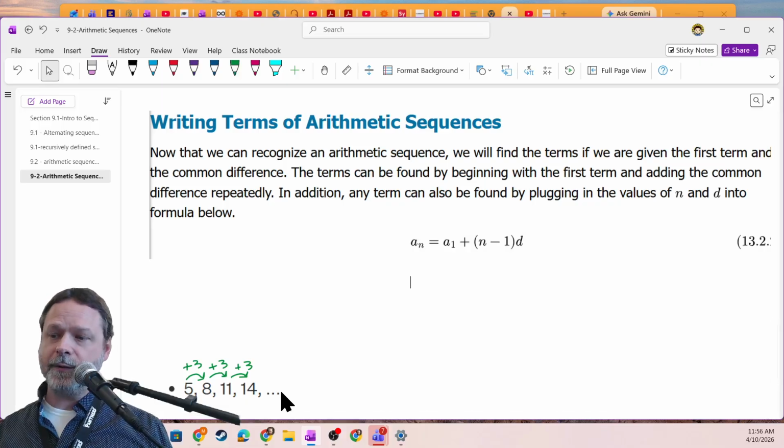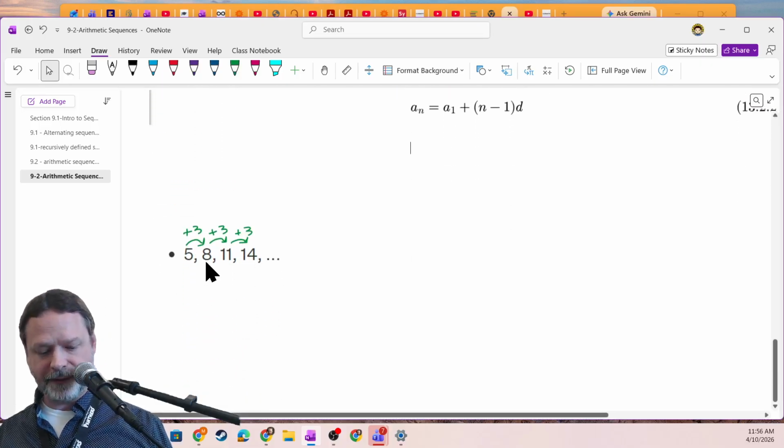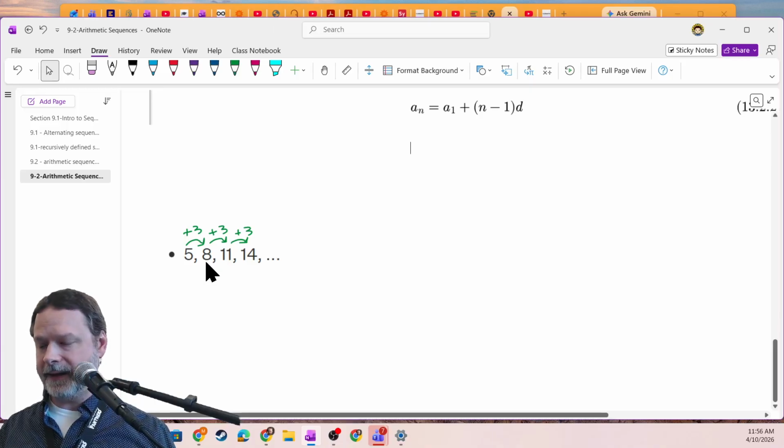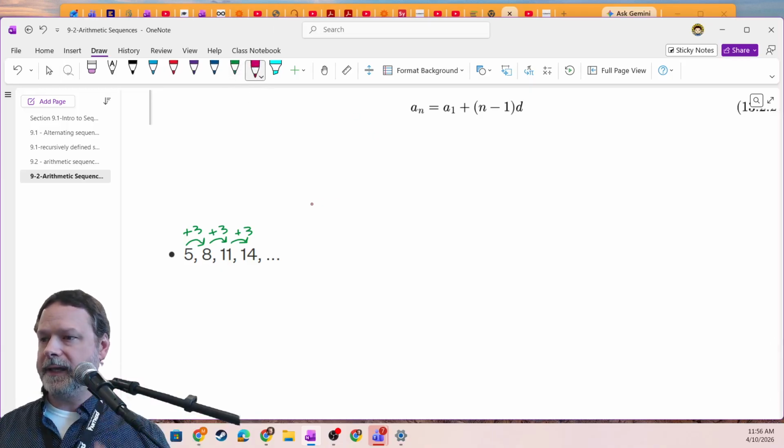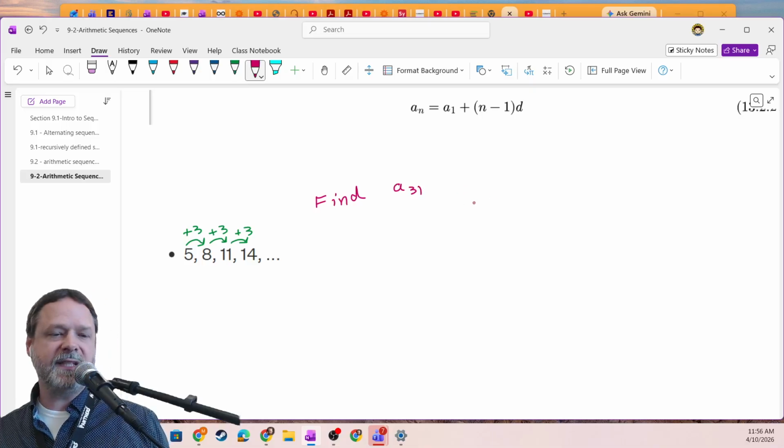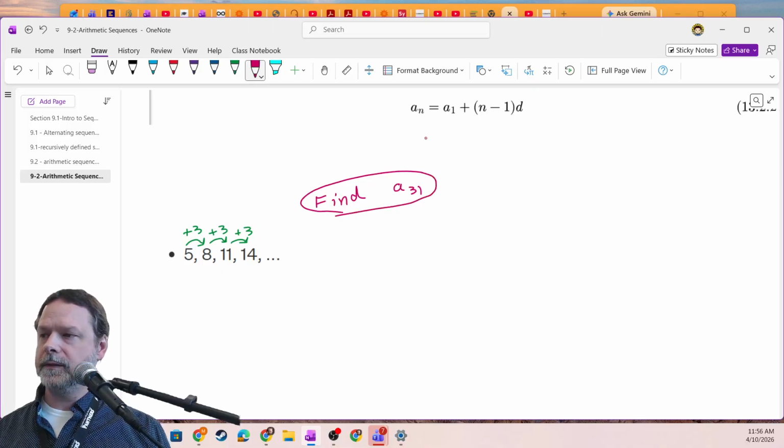So with this one, I want to go ahead and find the arithmetic sequence for this. And let's also find a sub 31. Let's say find the 31st term. So let's use this formula.